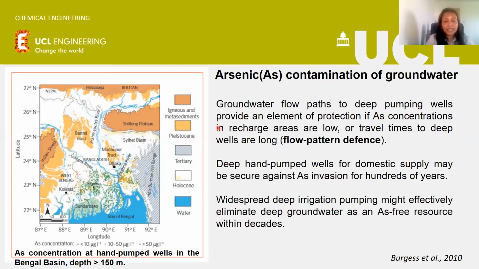But the recommendation by this research group from UCL is very, very important. They said that so long as they're using deep hand-pumped wells, these regions are going to remain safe. But when they start using widespread deep irrigation pumping facilities, the deep groundwater protection will be eliminated and arsenic will be percolating down. So this is a future forecast that they want people to be careful about.